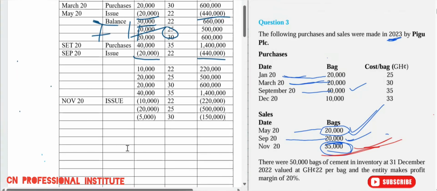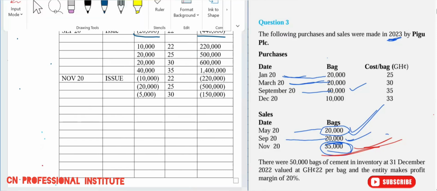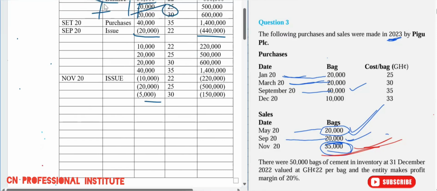Okay, then let's continue. Then December. Let's get the balance after the sale. Let me underline. So how many units? We had 10, we had 20, we had 20, we had 40, but we sold 35.